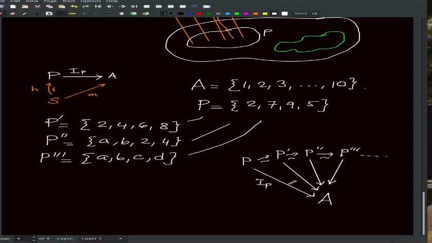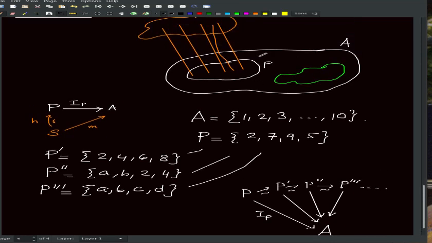Now let's see about comparison. So let's start off with the same idea. What is a comparison?